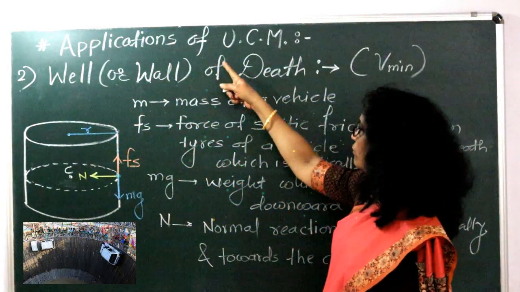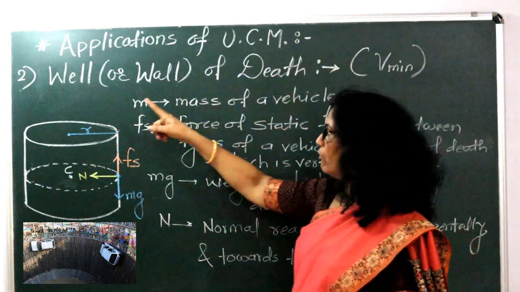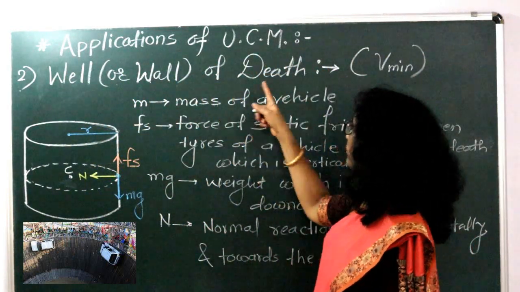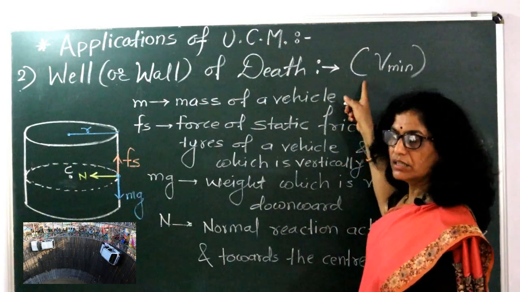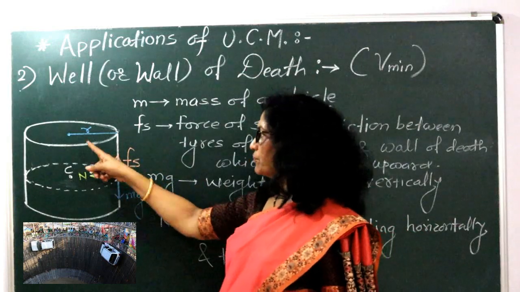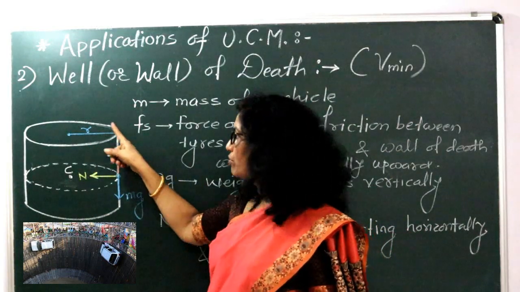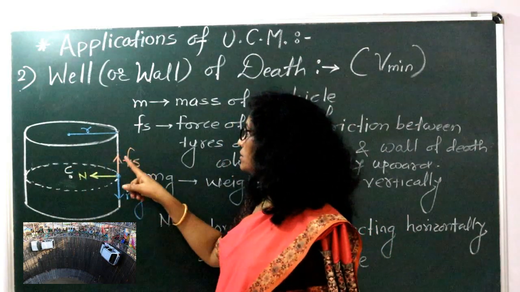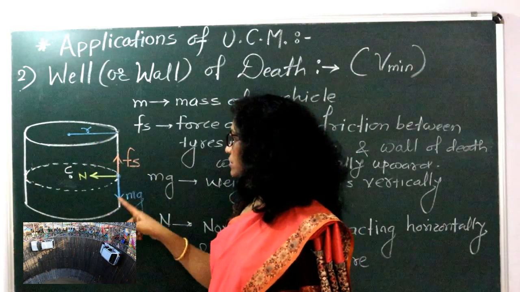Second application of uniform circular motion: well or wall of death. In this case we find the minimum speed. Let r be the radius of this wall of death or well of death.